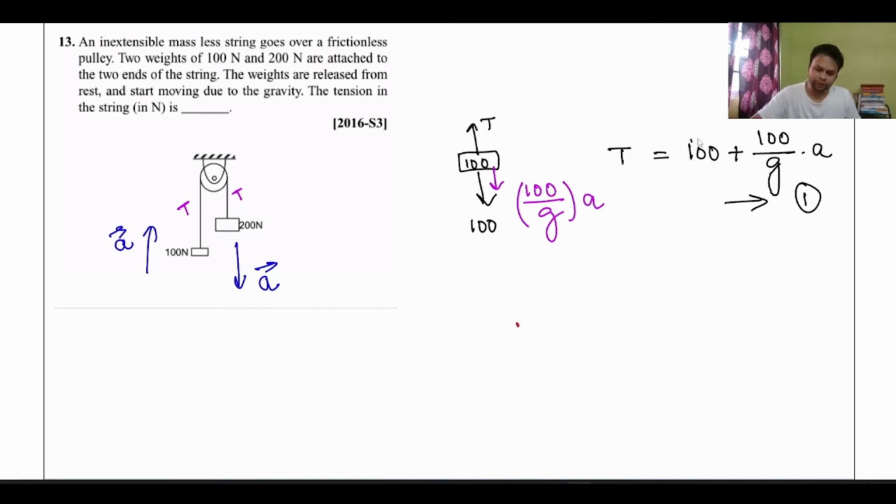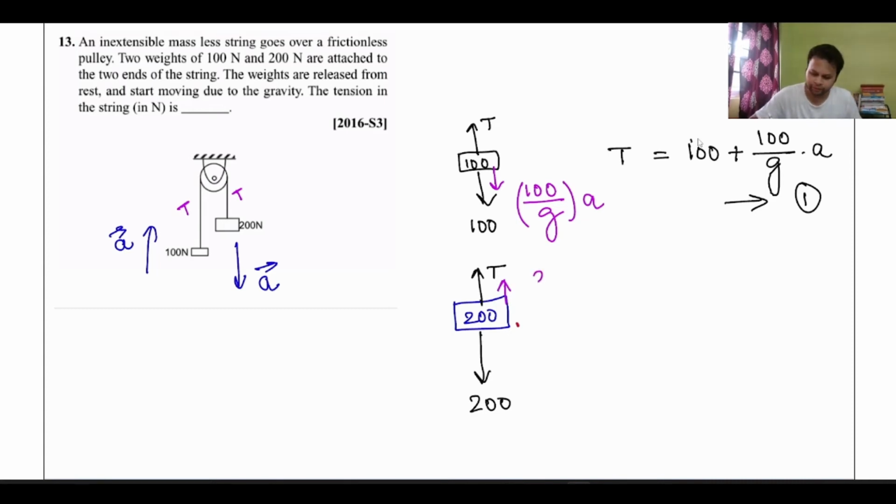Let us proceed to the second equation. FBD of the 200 Newton mass. There is a tension T in the upward direction and 200 Newton, the weight, in the downward direction. Since the 200 Newton mass is accelerating downwards, I'll apply the inertia force m into a in the upward direction.